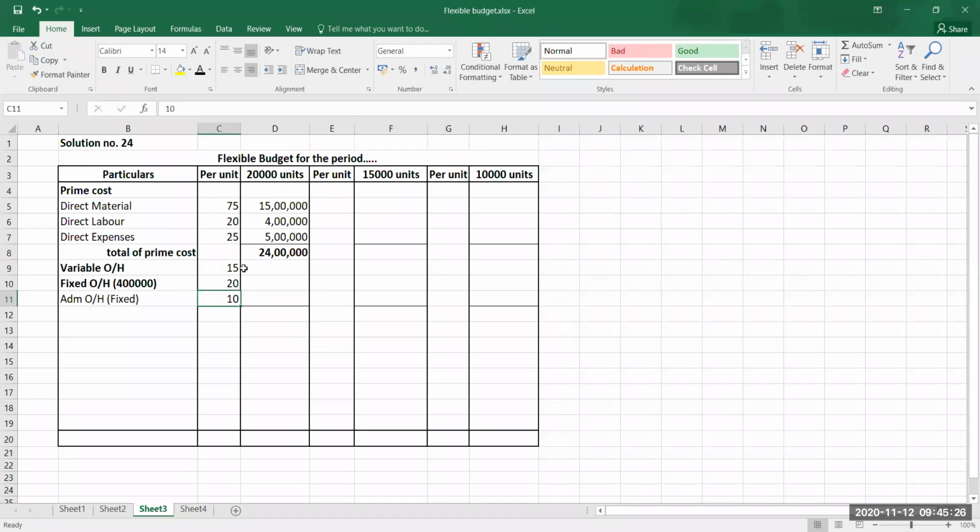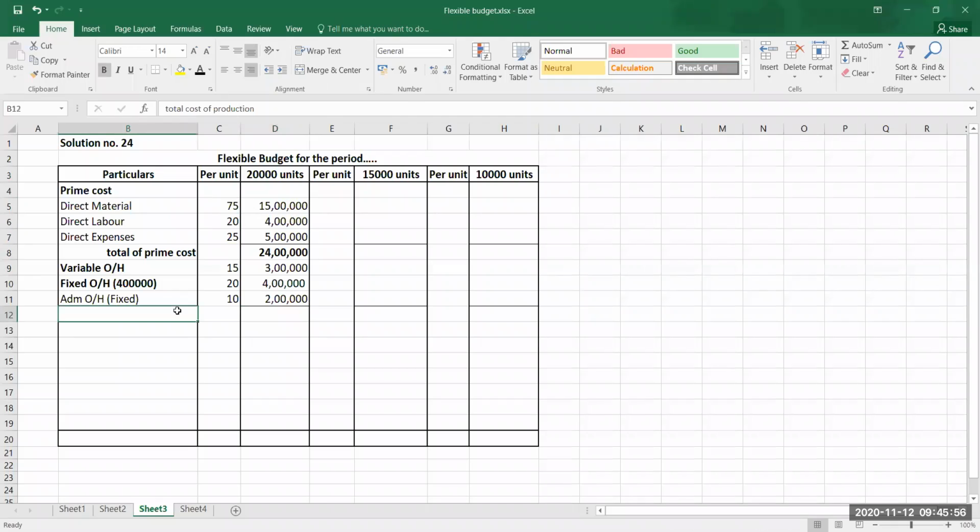If you multiply the total cost for variable overhead, you will get 3 lakh, and fixed overhead is directly given to you, that is rupees 4 lakh. So you write that, and then you have administrative expenses, it will come to 2 lakh. So if you multiply 10 by 20,000, you will get 2 lakh. I'm multiplying each unit cost with the total number of units, so I'm getting these particular answers.